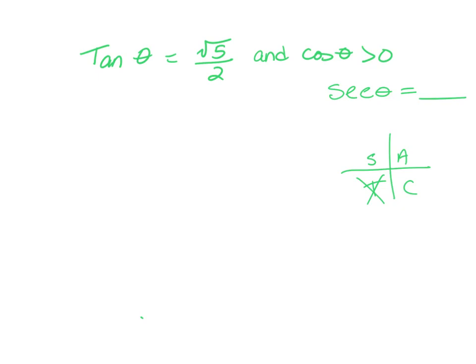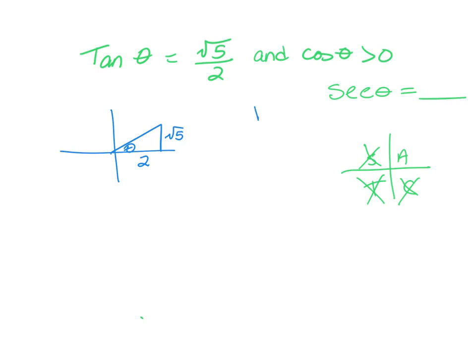The cosine has to be positive, so it can't be here. The tangent has to be positive, so it can't be here or here, because there the tangents are negative. So it has to be in the first quadrant. So we draw our picture. Theta is coming out of the middle. Opposite over adjacent. And we need secant, which needs a hypotenuse.